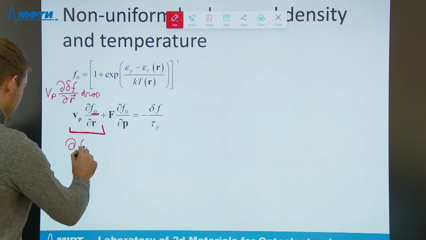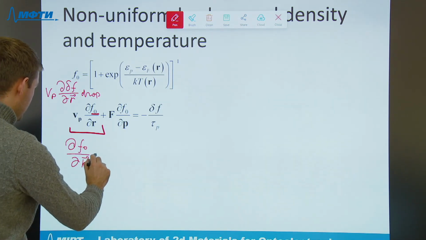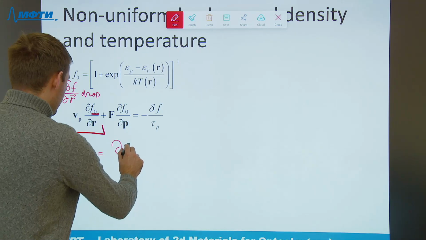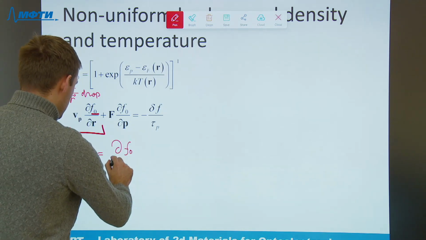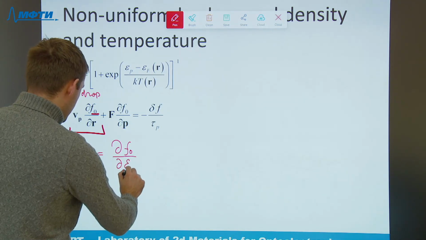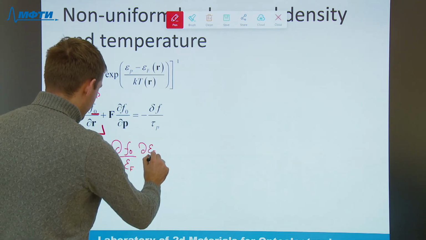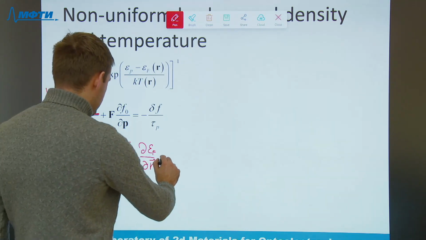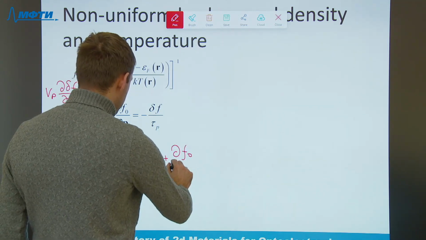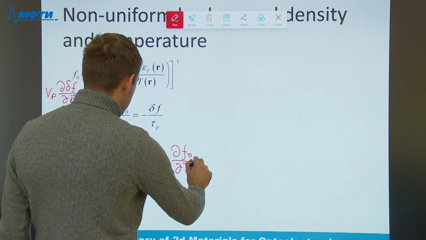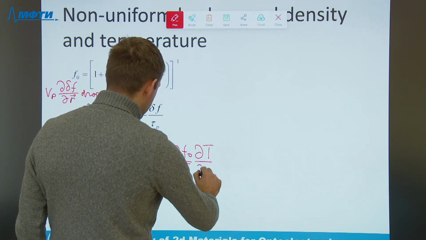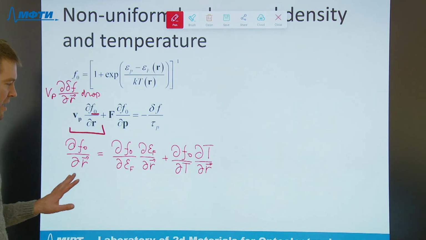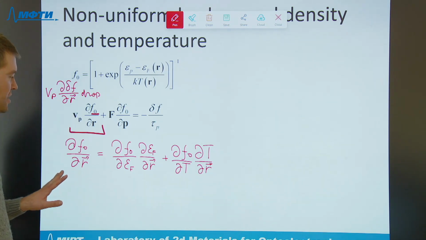Derivative of distribution function with respect to the coordinate is the derivative of distribution function with respect to Fermi energy multiplied by the derivative of Fermi energy with respect to the coordinate, plus derivative of distribution function with respect to temperature multiplied by derivative of temperature with respect to the coordinate.